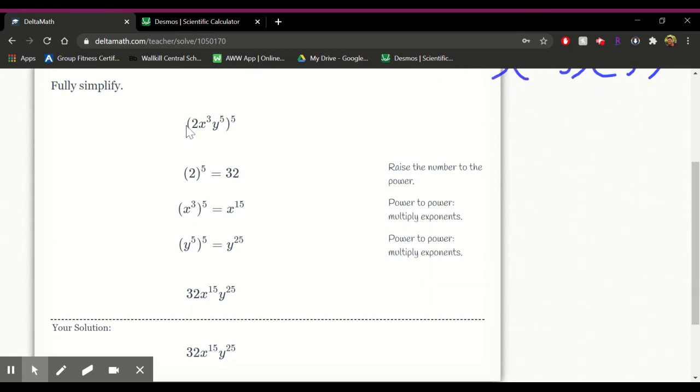They give the front number to the fifth power, which is 32. They get x to the third to the fifth, which they multiply, you get 15. You get y to the fifth, which is 25. So they do it a little bit differently. I like expanding it out, but if you're better with doing it this way and distributing the 5 to each of the exponents, you can do that as well.